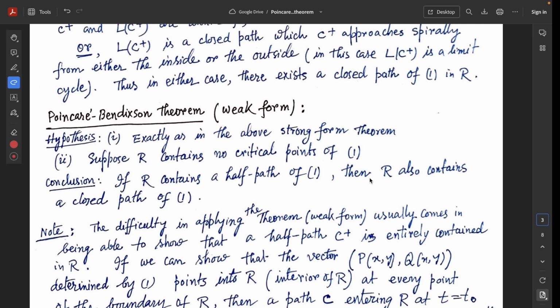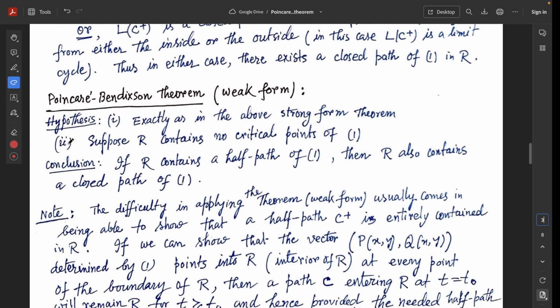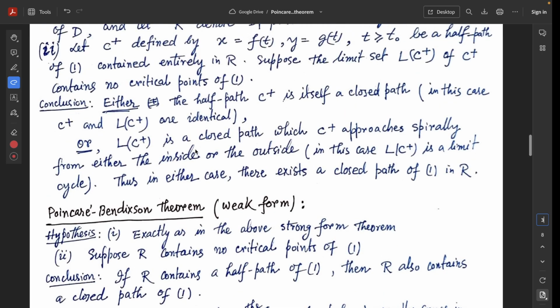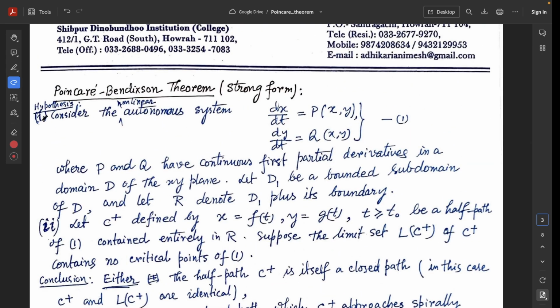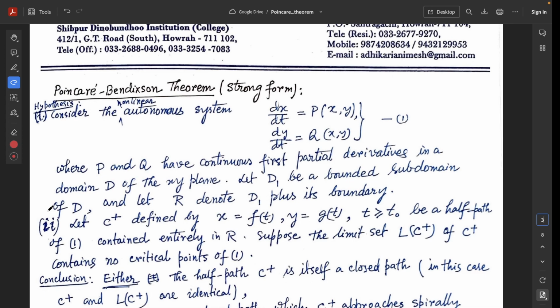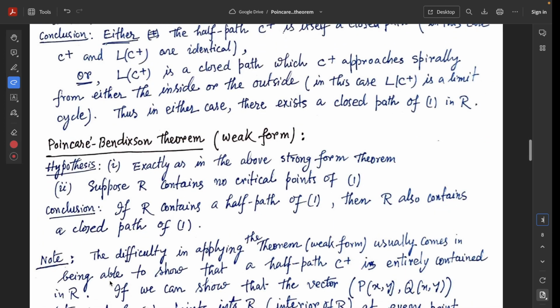In the weak form of the Poincare-Bendixson theorem, we form the hypothesis exactly the same as the strong form. These are hypotheses 1 and 2. The conclusion for the weak form is: if R, meaning the bounded region with its boundary, contains a half path of 1, say C plus, then R also contains a closed path of 1.